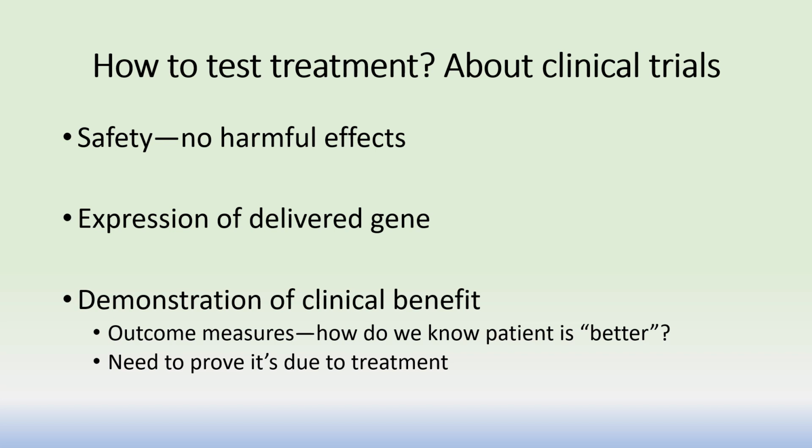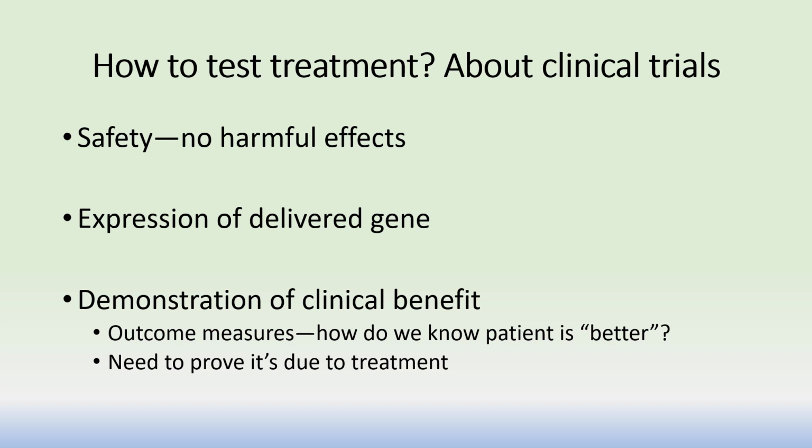Secondly, after you deliver the gene, is the person now able to make the protein that they weren't before? Thirdly, and this is the hardest part, are you actually making the person's disease better? So you need to define a few things. What is the natural course of the disease?